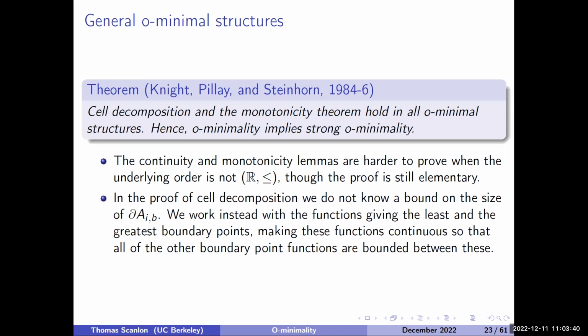Some of them may be tame, some of them wild. So O-minimality is the weakest condition of tameness that can be imposed on the real closed fields to guarantee that whatever you define in this field will be tame, like finite Betti numbers, finite cell decomposition and so on.